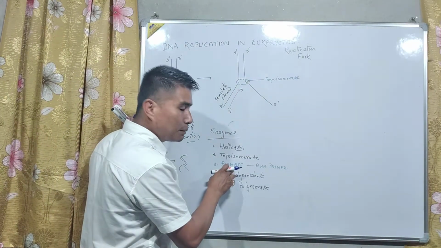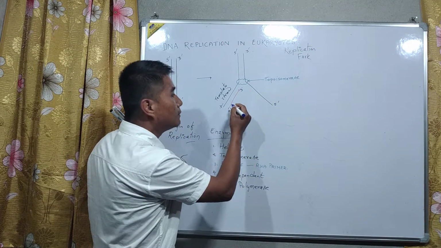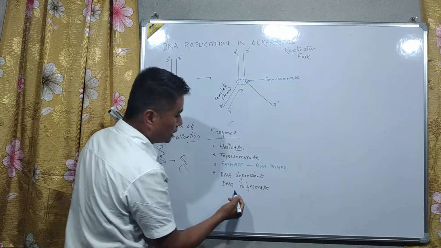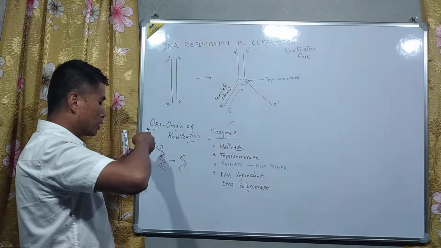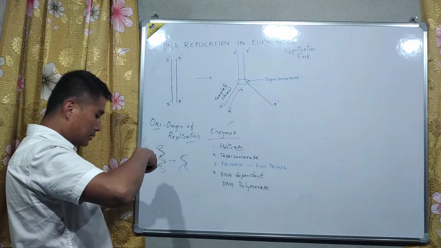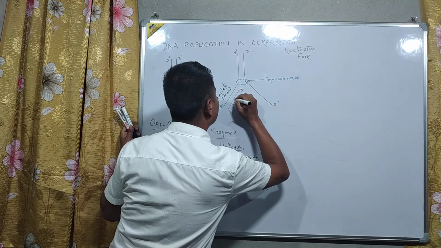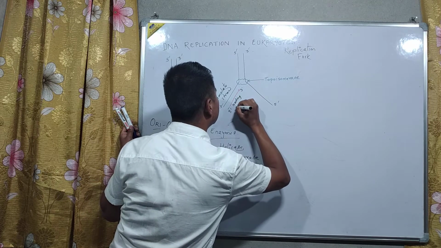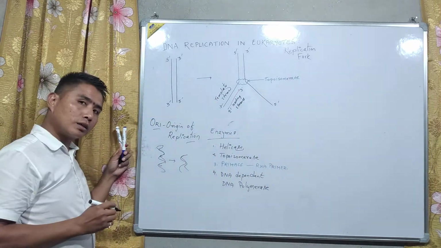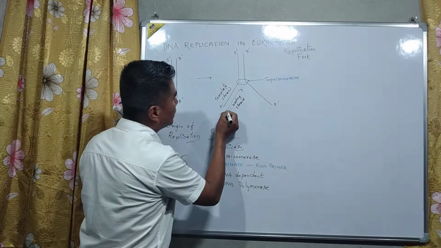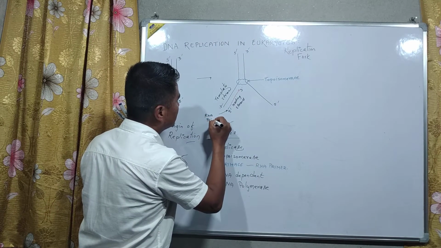So, with the help of the enzyme primase, an RNA primer is inserted, and then from there, this DNA dependent DNA polymerase will form the DNA opposite in polarity, and this DNA is known as the leading strand. Got my point? So here, this is the RNA primer.